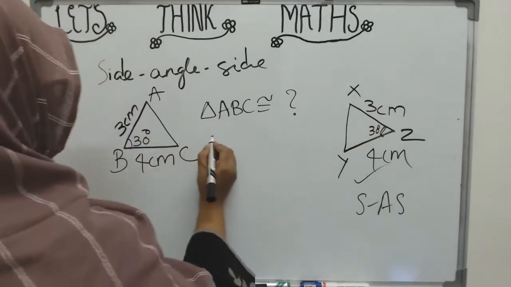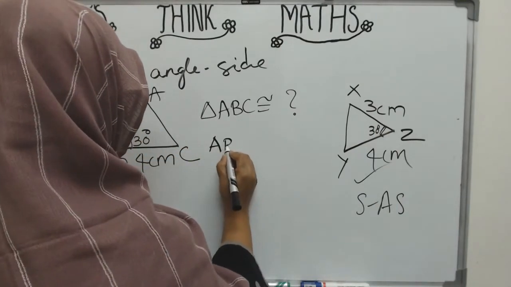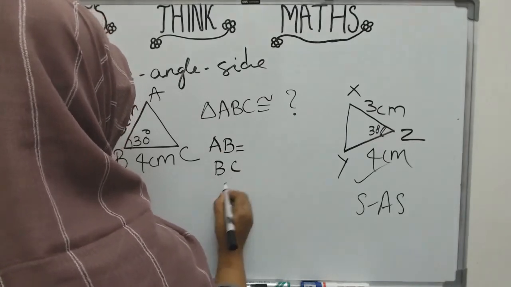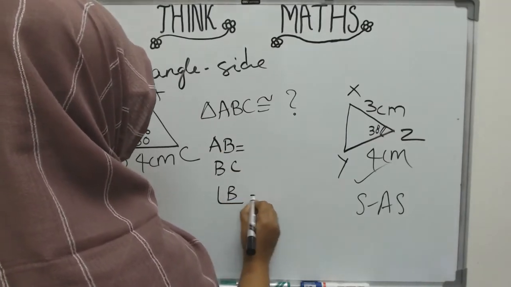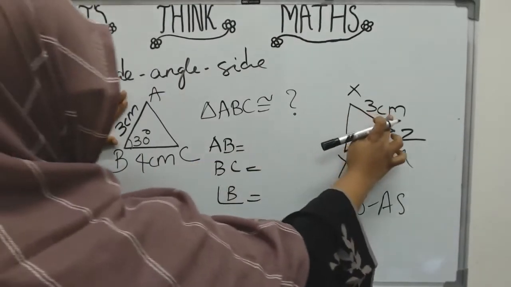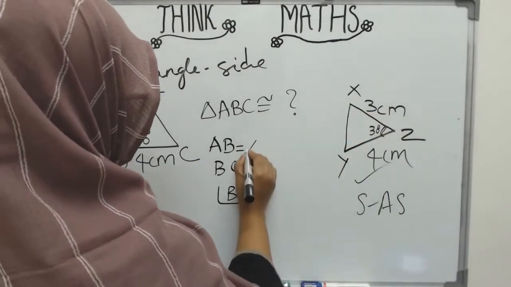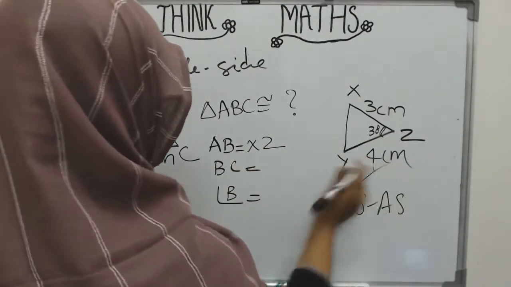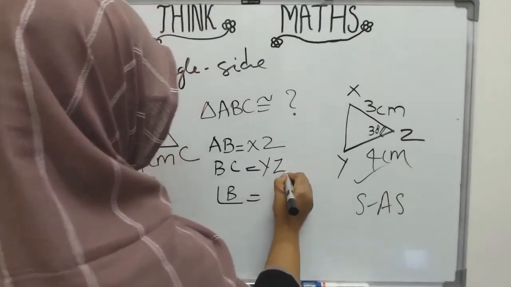Again, using the same method, write that in order. AB, BC and angle B. Okay, so AB is 3. What is 3 here? XZ. BC is 4. What is 4 here? YZ.